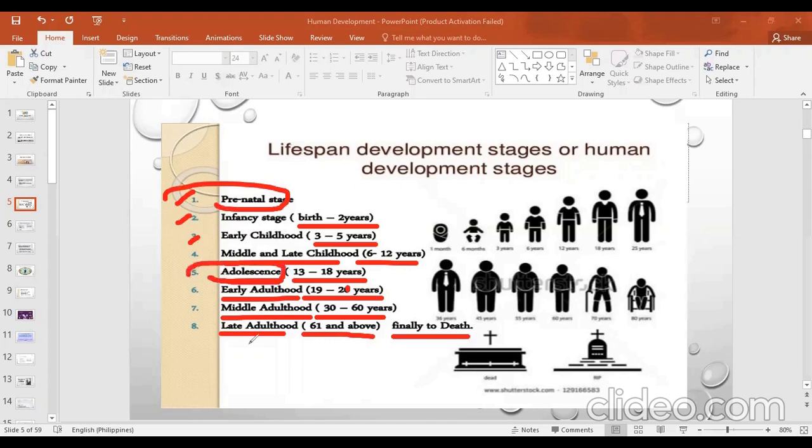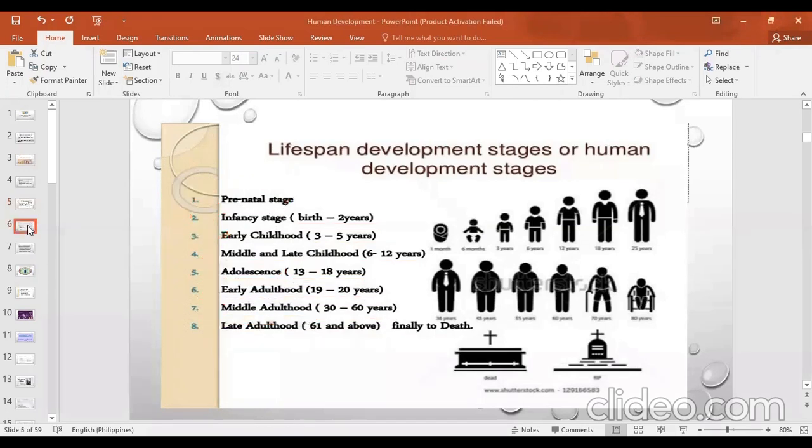Tapos natulog ka lang and then late adulthood ka na. Okay? So, may sequence, may orderly na tinatawag from prenatal to infancy to early childhood, middle and late childhood, adolescence. We have early adulthood, middle adulthood, and late adulthood. So next one tayo.